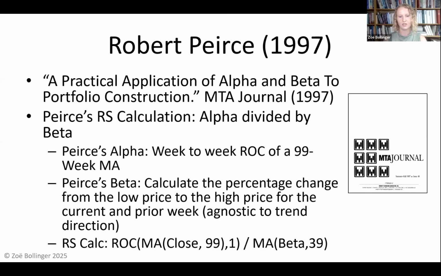And so he takes a 39-week moving average of the beta so that it's not just the little piece. And that's something that does become really a fundamental consideration if you are developing your own relative strength calculations. Some of the strongest RS stocks will have huge volatility, huge short-term changes.